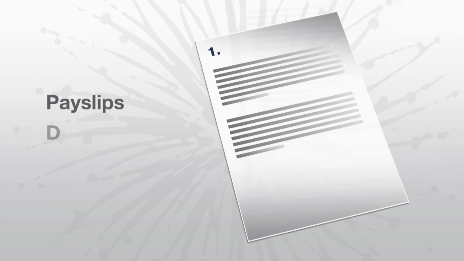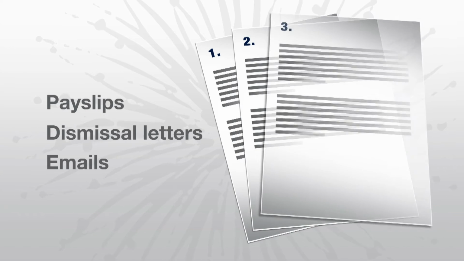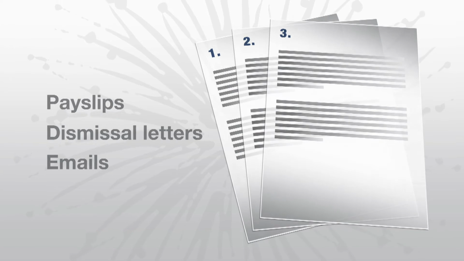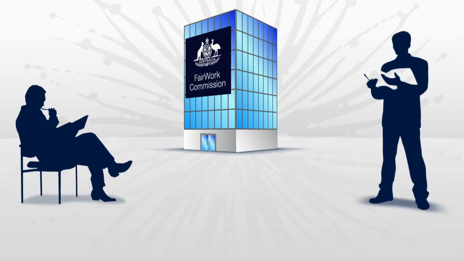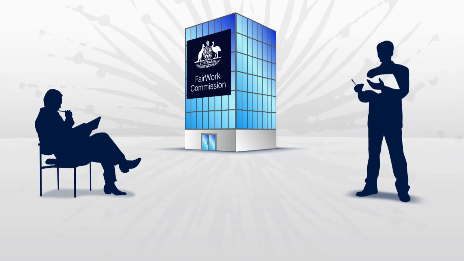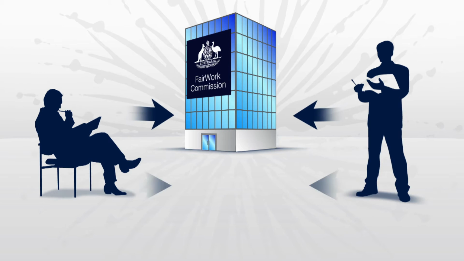You may also need to lodge other documents to support your case, like payslips, dismissal letters, emails, or other relevant materials. These should be numbered for easy reference. It's very important that all of your witness statements, submissions and documents be sent to the Commission and the other party.